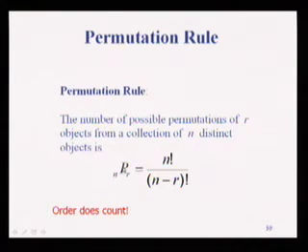Notation-wise, people use nPr. n denotes the total number of distinct objects or distinct letters. Like A through Z, there are 26, so n will be 26. If you're selecting 4 letters out of these 26 letters, r will be 4. You're selecting 4 distinct objects from these 26 objects. How many different ways can you form a 4-letter code word?